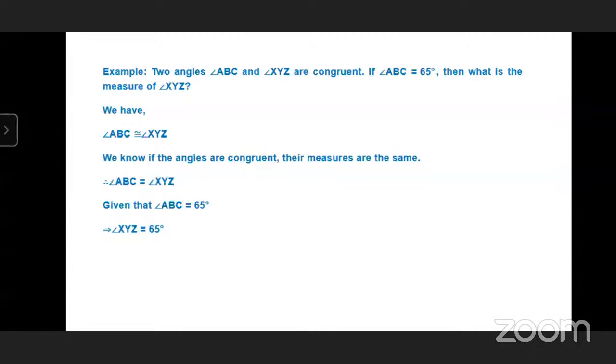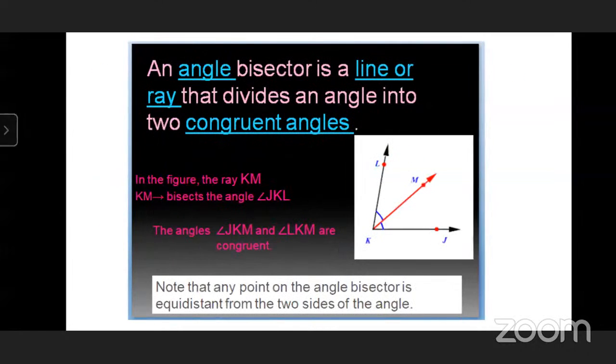At first in this chapter we learn about the angle bisector, the steps of making an angle bisector, and the properties of an angle bisector: how we can draw the angle bisector and what its properties are.